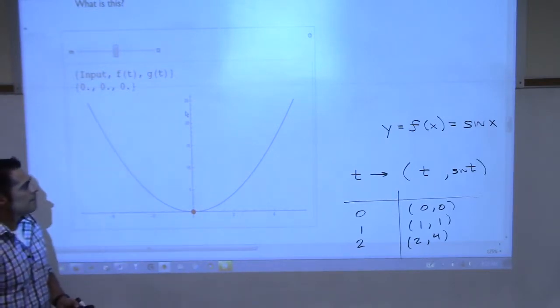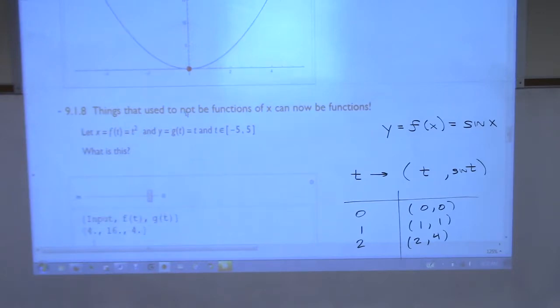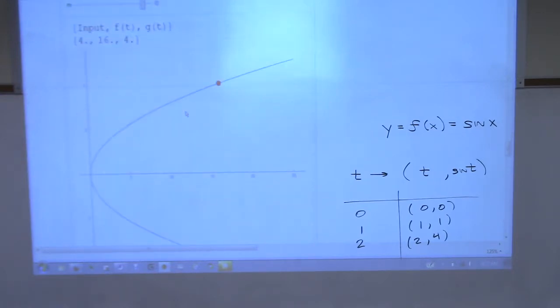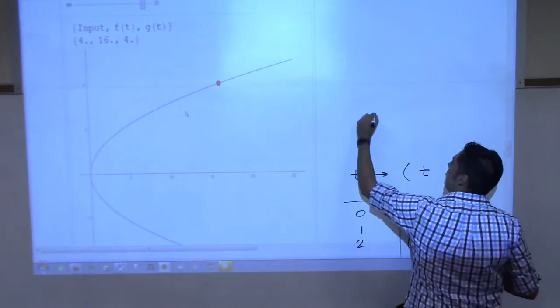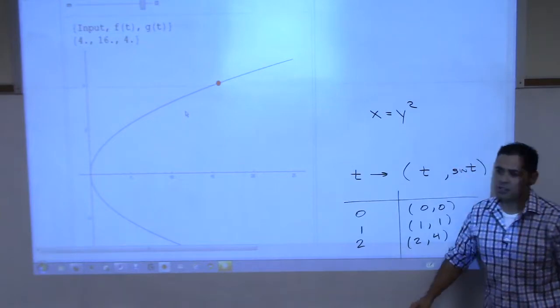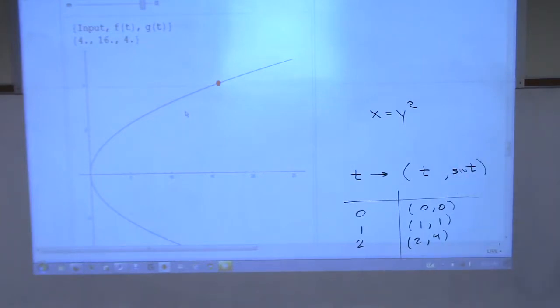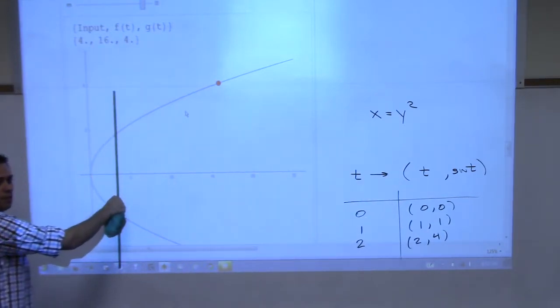Then we can take problems that used to cause us issues and turn them into functions, like the classic problem x equals y squared. Now, we know from college algebra that's a parabola that opens sideways, but that would, in our traditional sense, fail to be a function of x because it would fail the vertical line test.